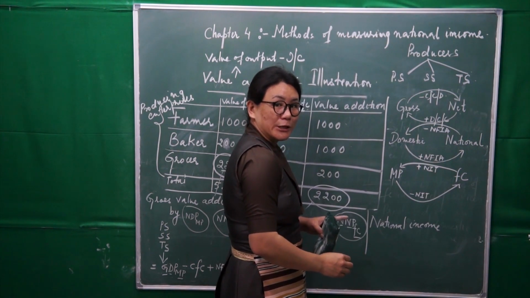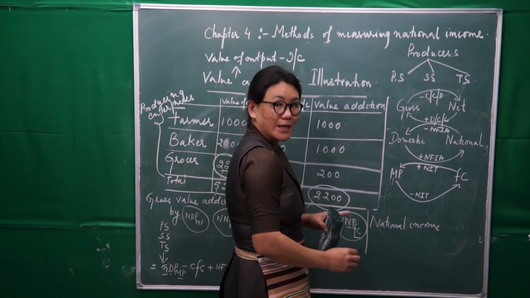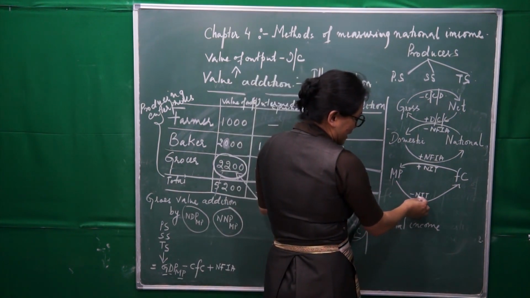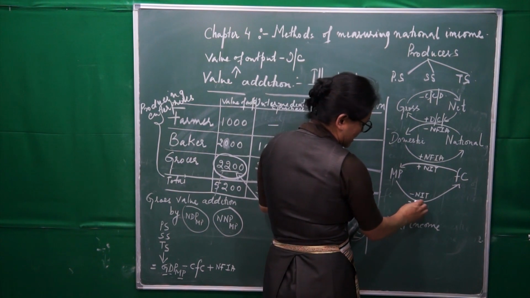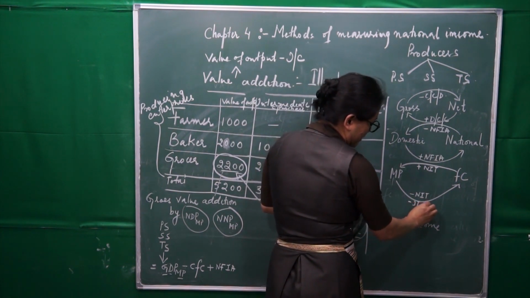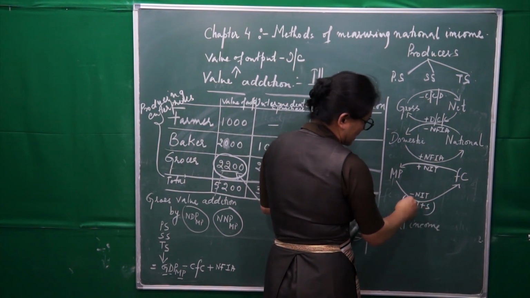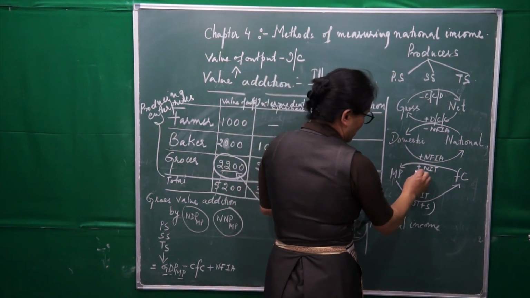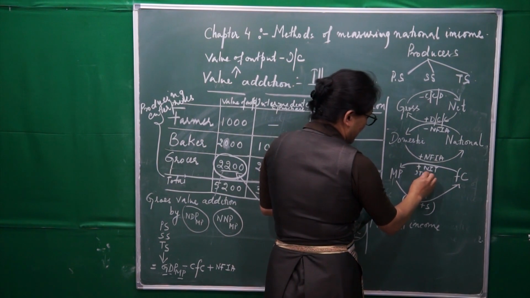What is this NIT? A recapitulation again here. NIT is net indirect taxes, right? So when it is minus NIT, I said minus IT plus subsidy, and plus NIT is IT minus subsidy.